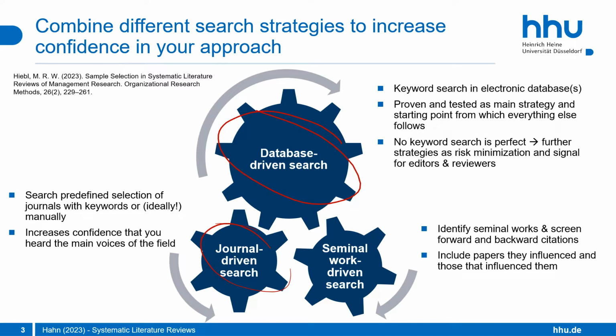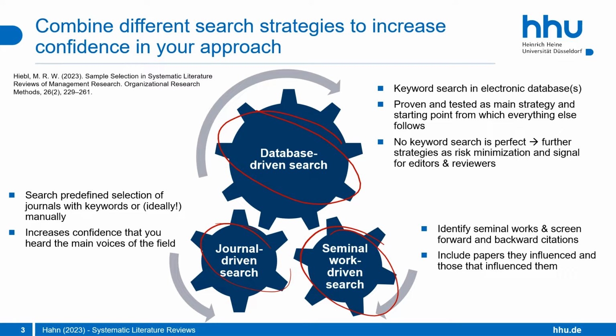That depends, of course, a bit on your preferences, on your field, and so on. If you really go for the most important journals, then the benefit is that this increases the confidence of the reader that you heard the main voices in the field and that you didn't overlook any major publications in one of these important outlets.